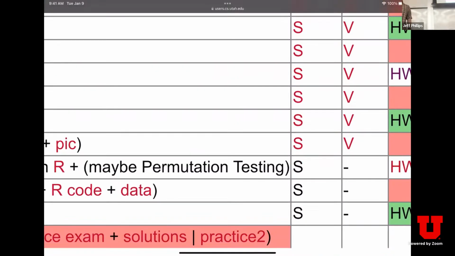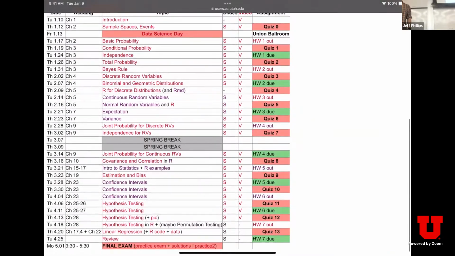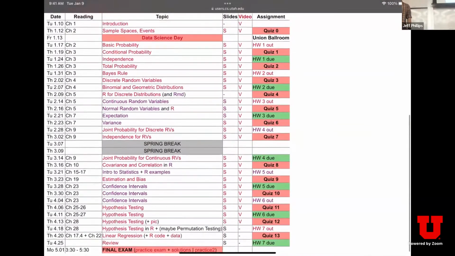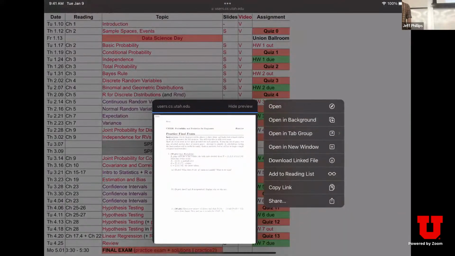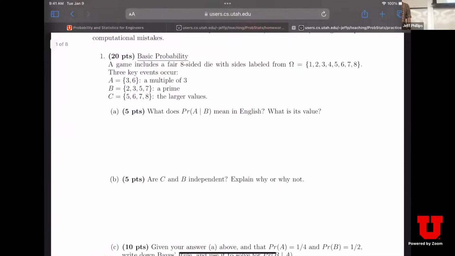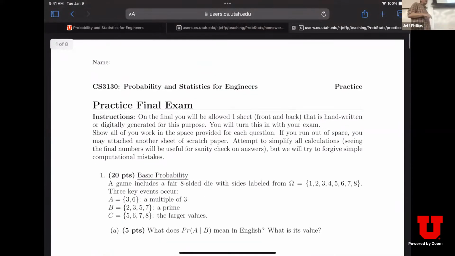Practice 2 is 160 points and tries to cover everything.